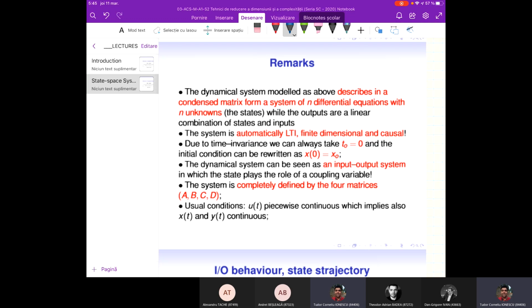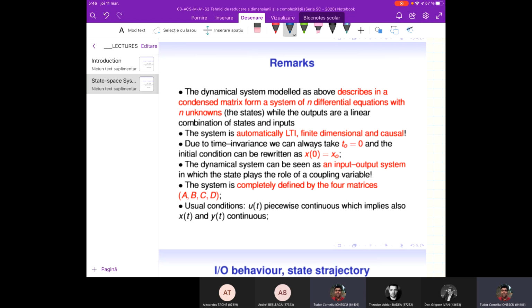The unknowns of the differential equations are the states, while the outputs are a linear combination of the states, and the outputs are usually measured. So the outputs are a combination of states and inputs. Most of the time, we'll take the case of a combination of states only, considering the D matrix zero, which is usually the case in real life.